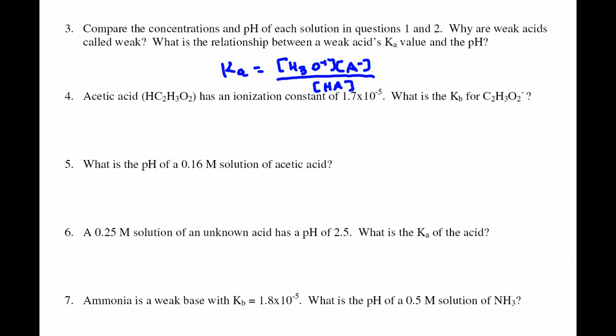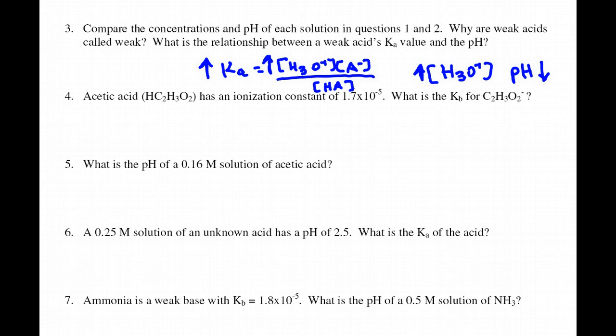If the Ka value goes up, then the H3O plus goes up as well, because it's on the top of that fraction. And if the H3O plus concentration goes up, and here's the tricky part, the pH actually goes down because it's more acidic. If it's got a lot of H3O plus, then it's going to be super acidic.